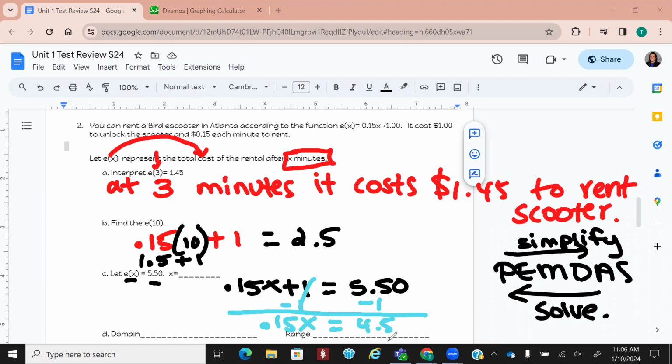Now you've got multiplication on this side. So how do we get rid of it? We divide. So we're going to divide by 0.15. And when we do 4.5 divided by 0.15, that gives us 30.